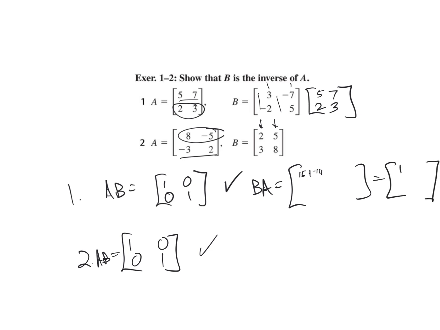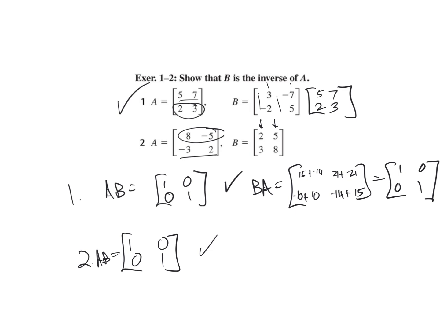All right, and then we do 21 plus negative 21, that's 0. And then 2 times 5 is 10, and 5 times 2 is 10. Oh, that's negative 2. So negative 10 and 10 is 0. And then we have negative 14 plus 15 is 1. So yes, number 1 they are inverses of each other.